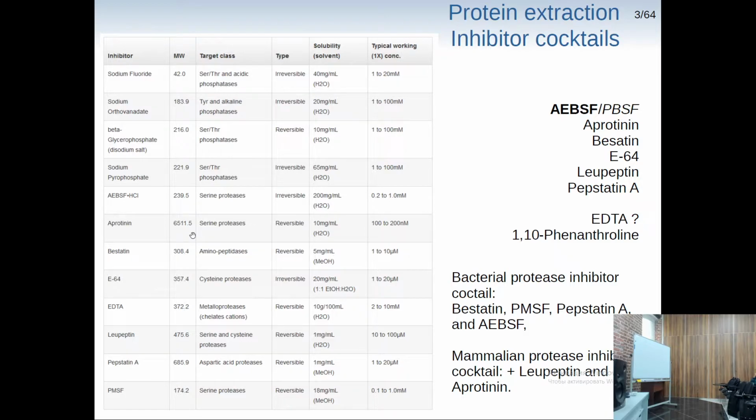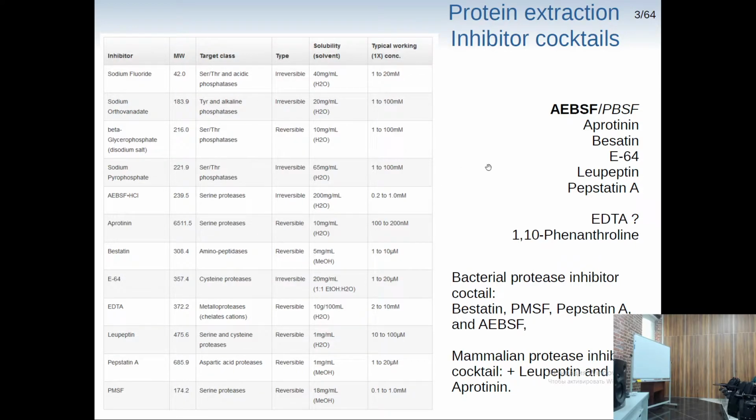So pay attention, especially if you are working with small proteins or peptides, they can give you additional peaks on the chromatograms or on gels. Don't be afraid, it is possible to deal with this.